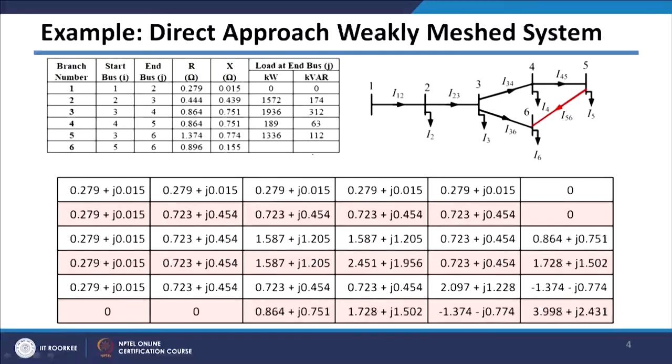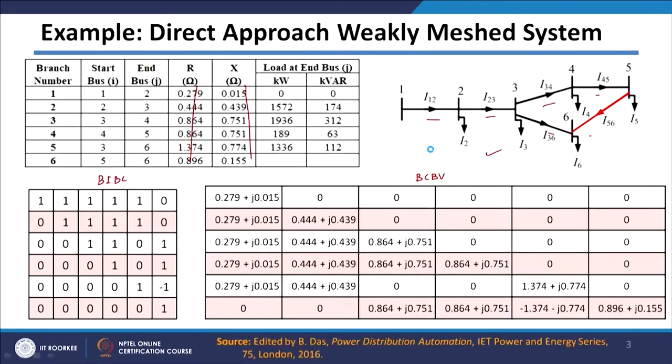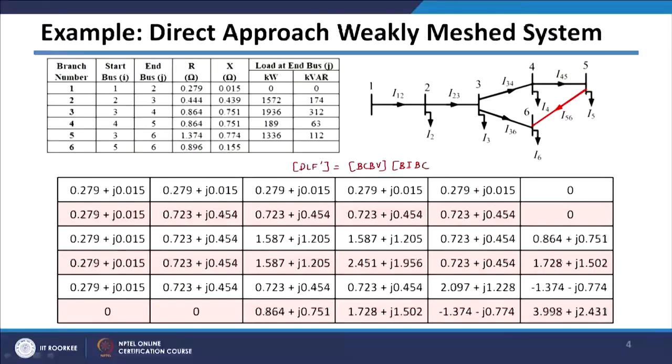And then if you multiply them, I can say DLF dash, because this is not the actual distribution load flow matrix. It is BCBV multiplied by BIBC, which you got earlier in this particular slide. You can multiply them, BCBV multiplied by BIBC, and I will get this DLF dash.